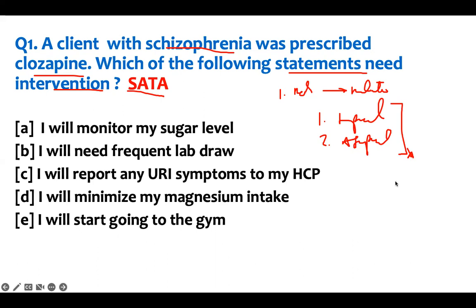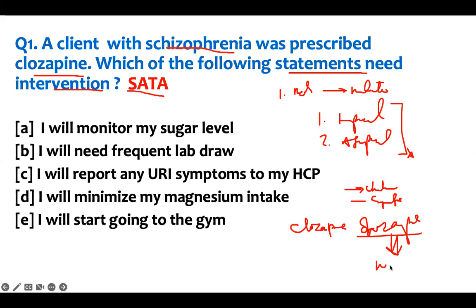For these atypical antipsychotics, they usually have anticholinergic effects, and then they have specific symptoms for themselves. I use Clozapine, but it's the same thing if they give you olanzapine. The only difference is with olanzapine, mostly the symptom will be weight gain.